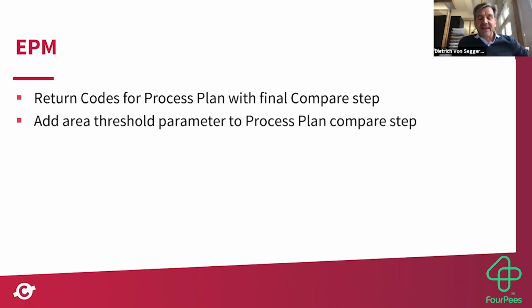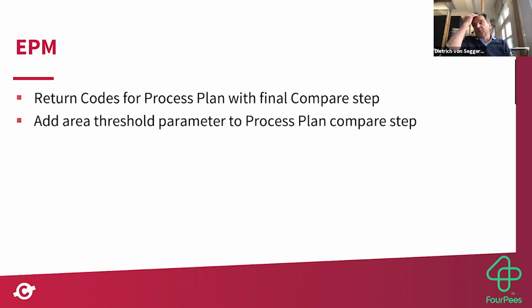Whatever. So yeah, as David just said, it turned out that there are a few limitations with a process plan and specifically with the compare step that we introduced in pdfToolbox 12.0 for EPM. The compare step allows you to compare the current result of the PDF file as it was processed in the process plan with a previous instance of the same file on its way through the process plan.